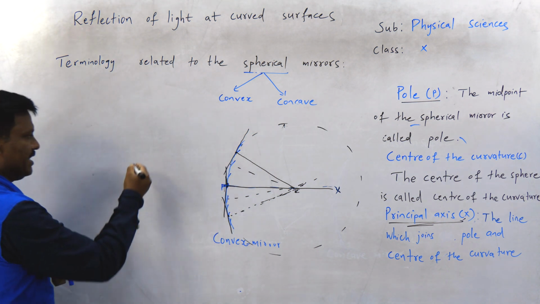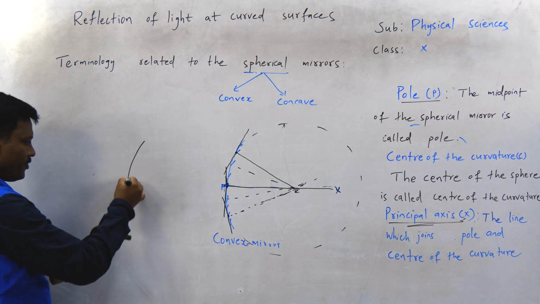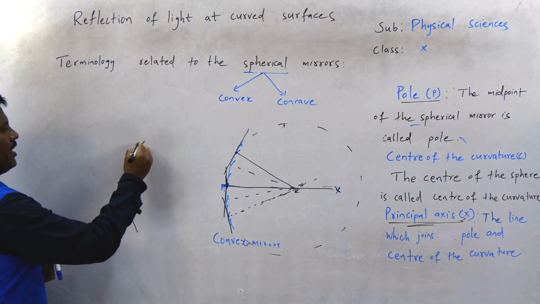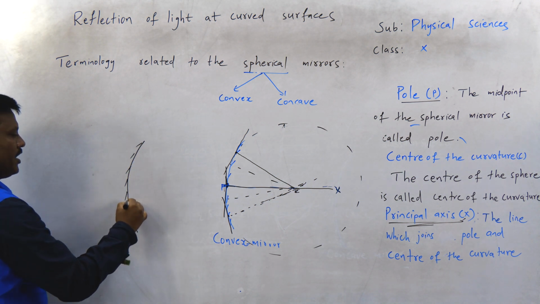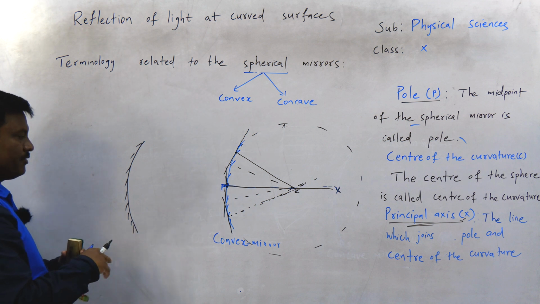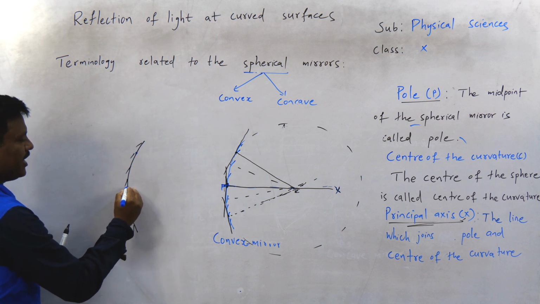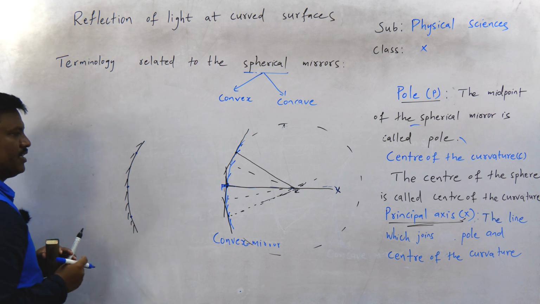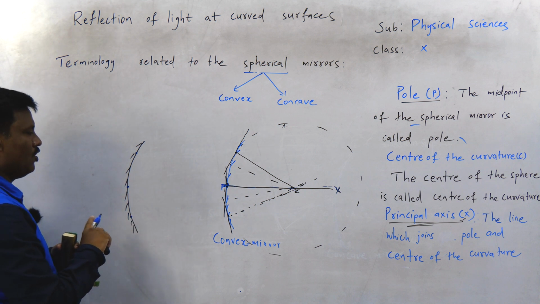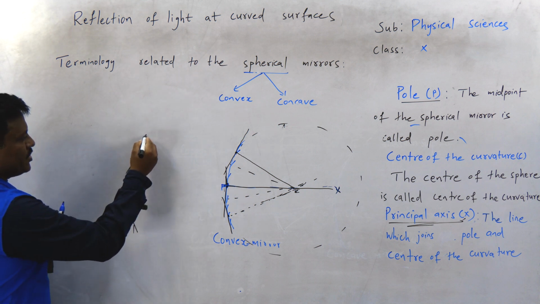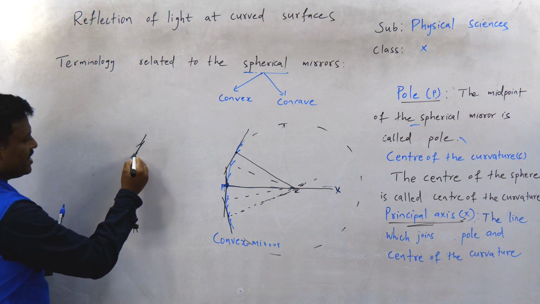Once again I will explain. Let's say this is a concave mirror. I choose some points here: one point here, one here, one here. I draw the tangent. A tangent is the line which touches the circle at only one point.